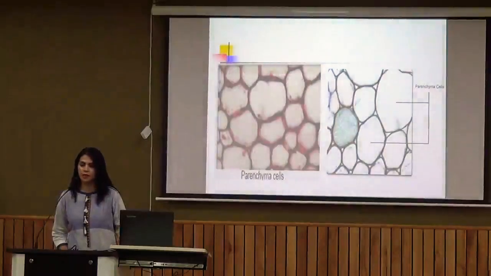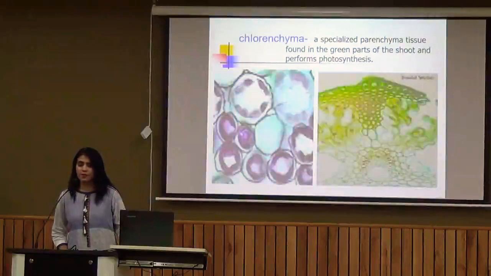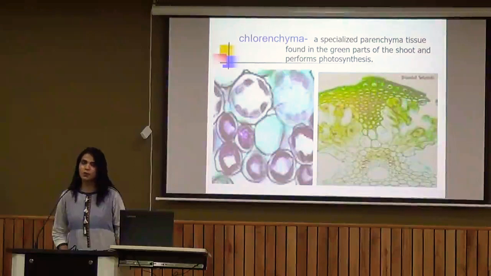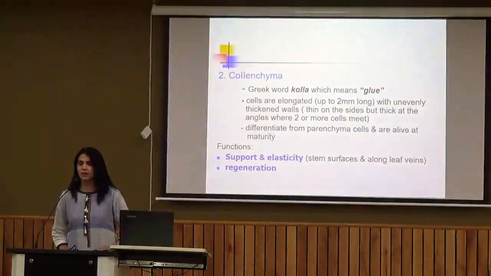As we can see in the diagram, they are relatively unspecialized cells. The cell wall is thin, and intercellular space is practically absent, or we can say very little. Now this is the diagram of the specialized parenchyma tissue, which is found in the green parts of the shoot, and is basically responsible for performing photosynthesis.